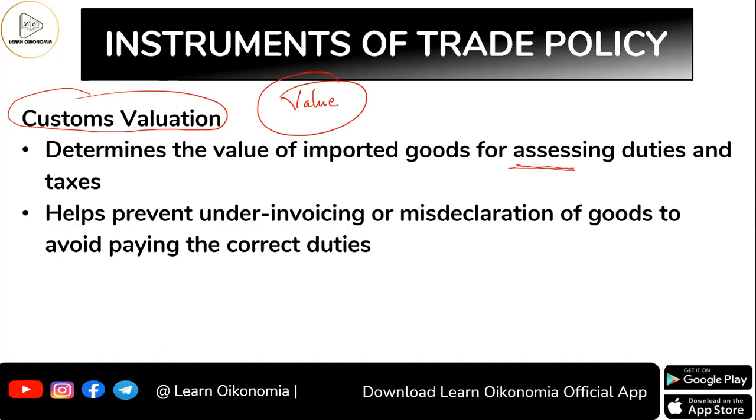So avoiding paying the correct duties is bad, right? So you are assisting the scenario so as to have some context to make people or companies or nations pay the correct duties.